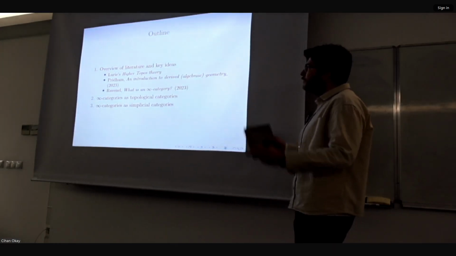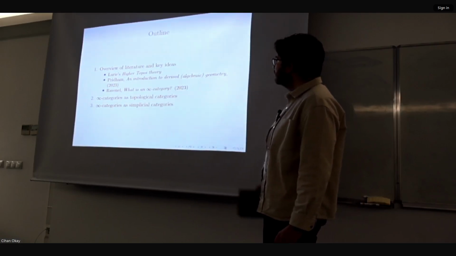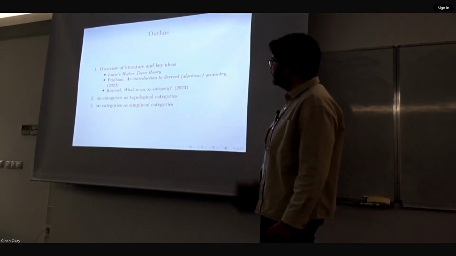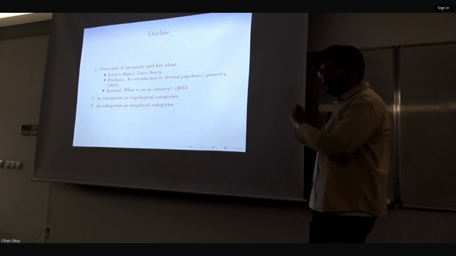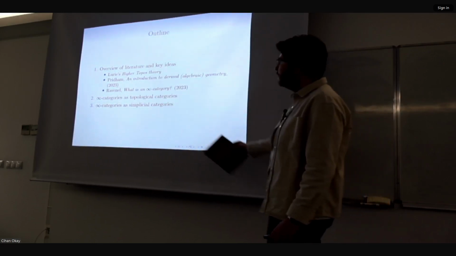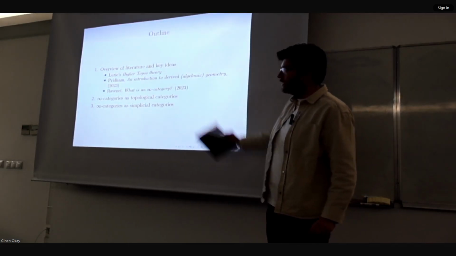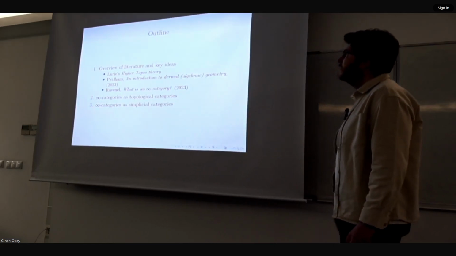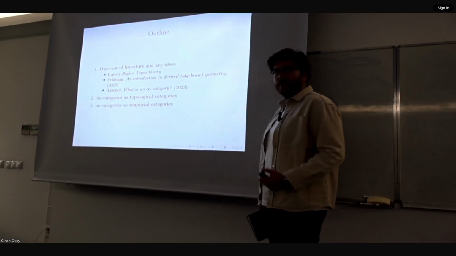Of course, it's a huge book, but there are other nice resources I may suggest. One of them is An Introduction to Derived Algebraic Geometry, which is a nice lecture note. And if you want a more intuitive approach, you can look at the paper "What is an infinity category?". These are nice sources, I guess. We will follow two main approaches.